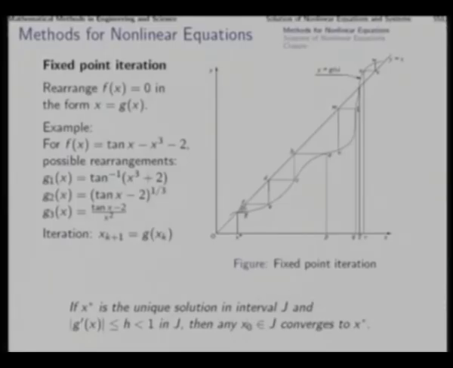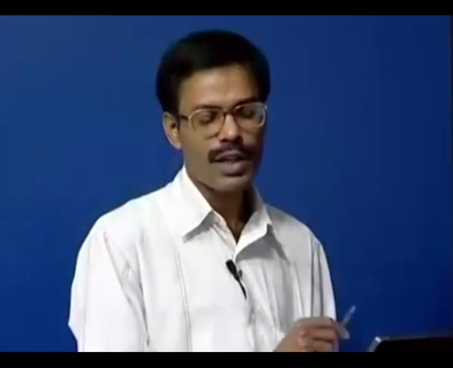Okay. That means if the slope of this curve in the interval is not greater than the slope of this line, then the process will converge with guarantee, otherwise not.